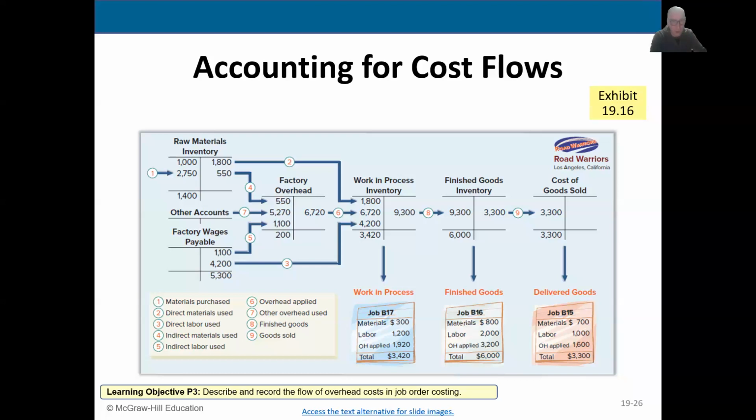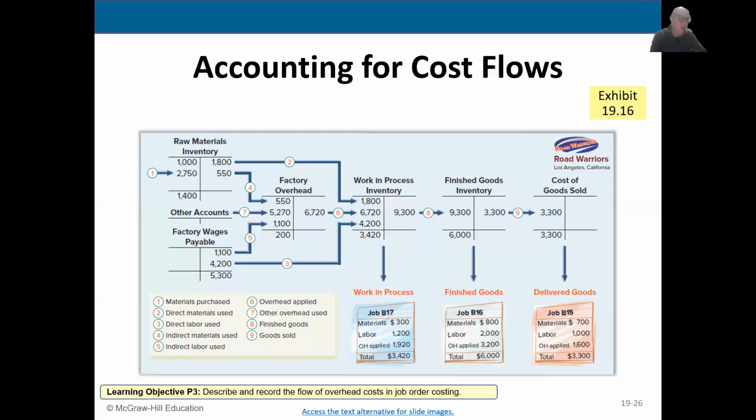Number 4, additional indirect materials and work in process through factory overhead. 5, indirect labor. 6, we took all that factory overhead and applied it to work in process. 7, other overhead. 8, we took it out of work in process, put it into finished goods. 9, we sold it to the customer, it came out of finished goods and went onto the income statement as cost of goods sold.